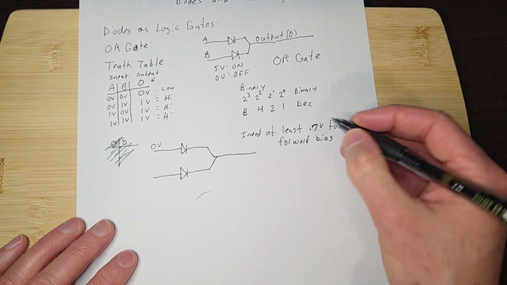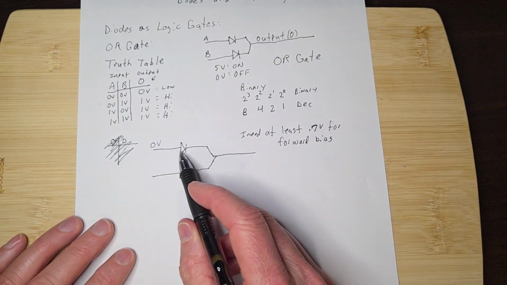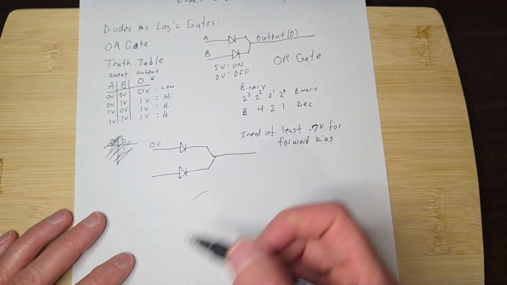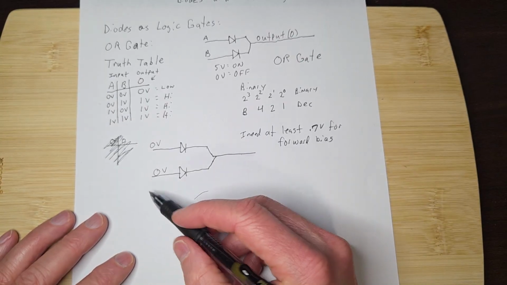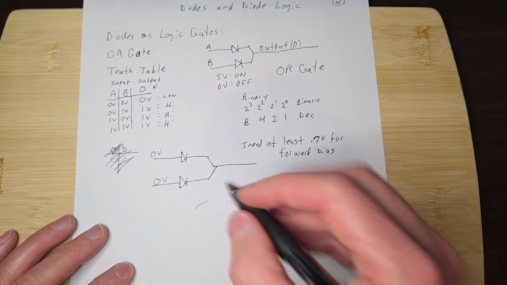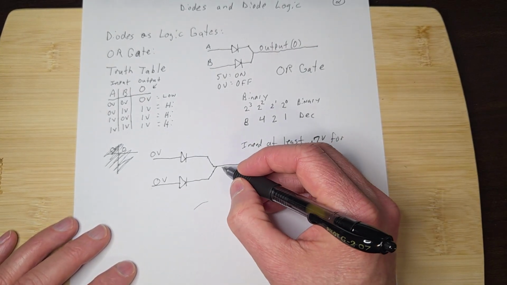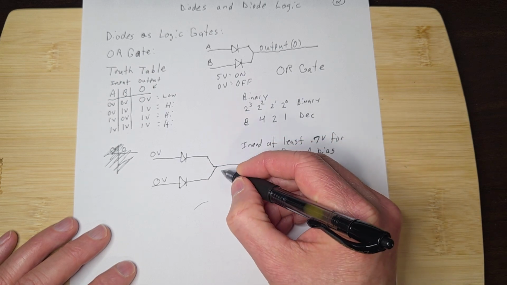So in this case, I don't even have that, so this diode just won't turn on. And if I have a 0 here, the diode won't turn on either, right? So there's nothing to pass. Therefore, this one would be 0 volts.